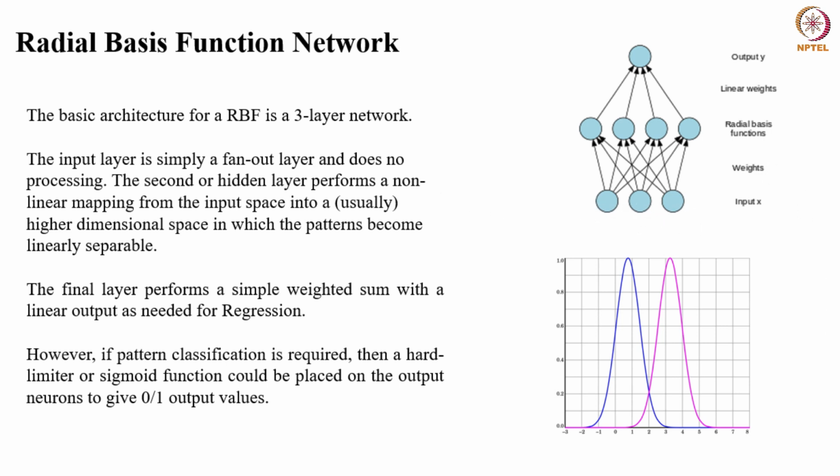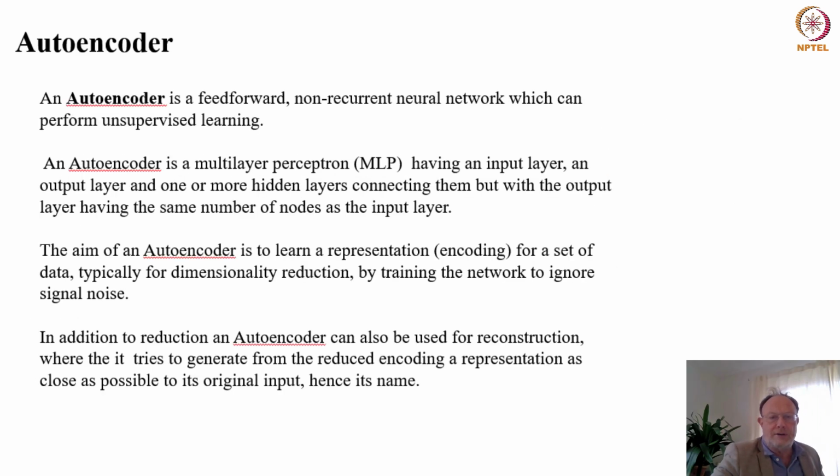The second example I want to give you is something called an autoencoder. It is also feed-forward and non-recurrent, so we are still in the genre, but with the possibility to perform not only supervised but also unsupervised learning. This kind of network can have several hidden layers, and its main aim is dimensionality reduction.